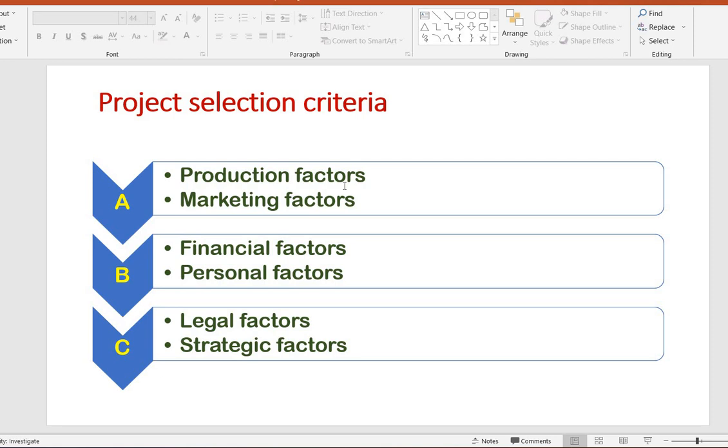When we think about production as a factor, we need to think about the time to complete the project, availability of resources, flexibility of operations, connections with existing production lines, energy requirement and the resources available for that, expected quality and the service involved, and availability of technology or expertise. This has to be considered firstly.